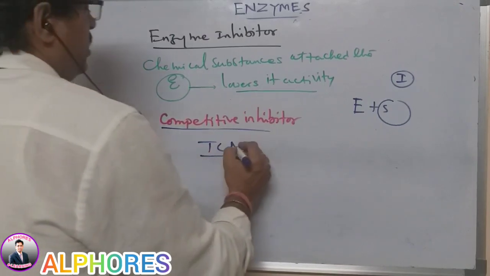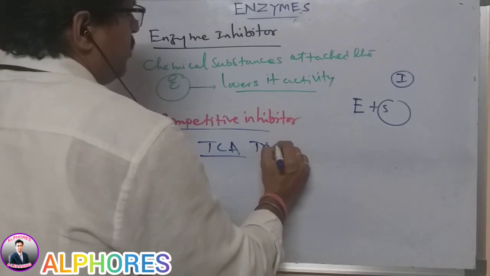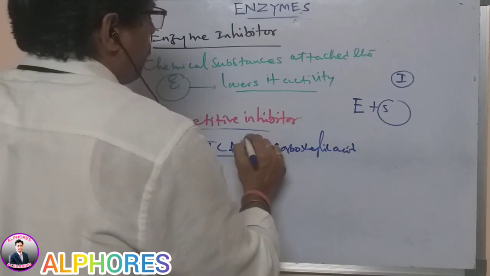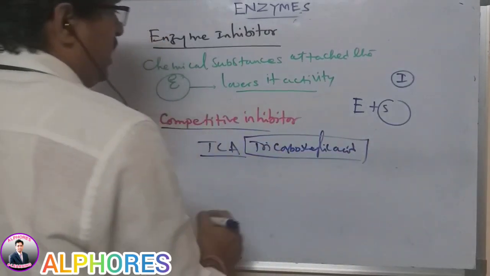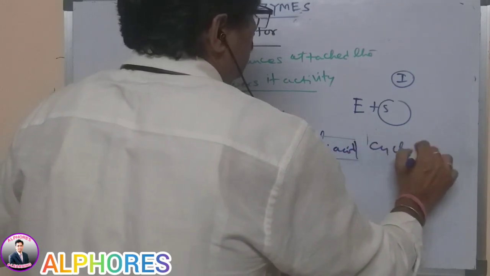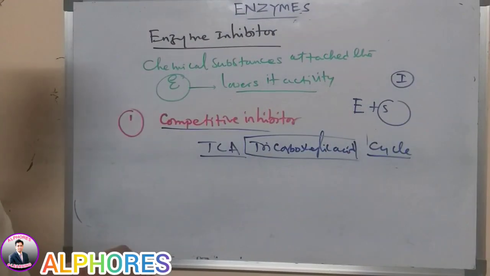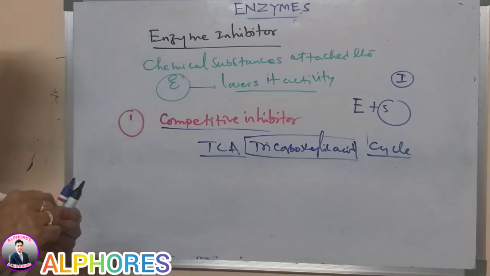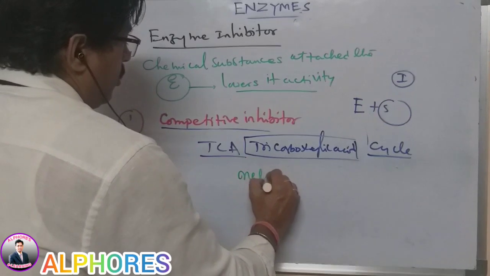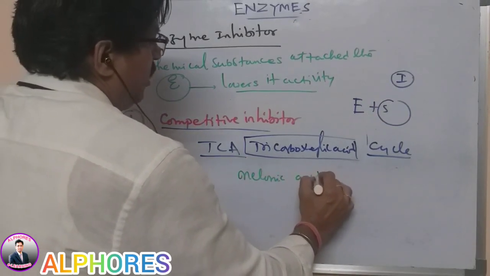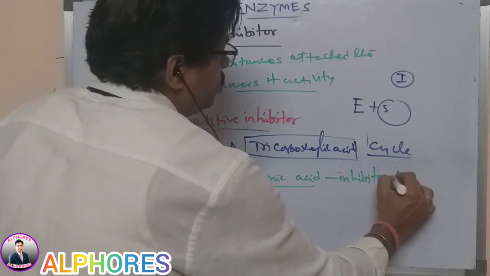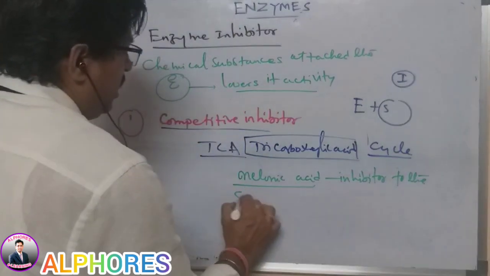In this tricarboxylic acid cycle, one of the intermediary chemical substances is malonic acid. This malonic acid becomes the inhibitor to succinic dehydrogenase.